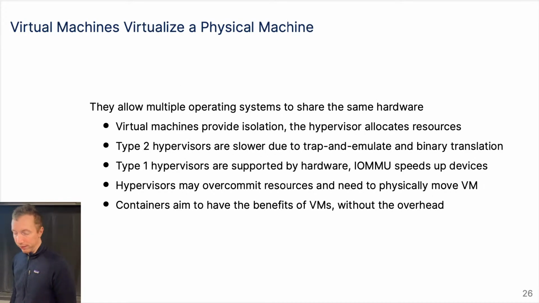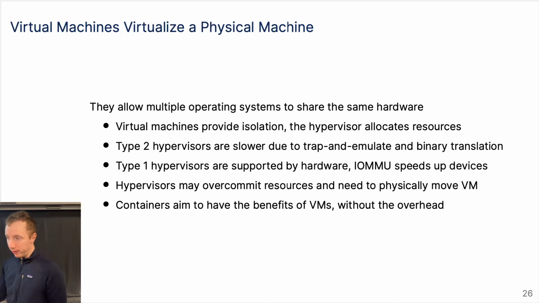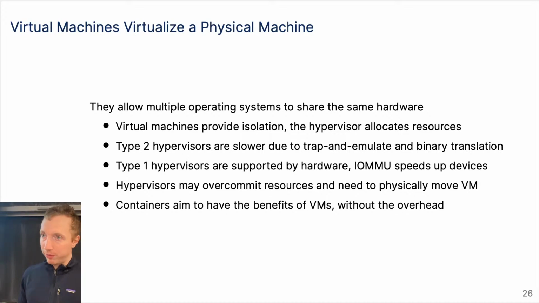So virtual machines virtualize a physical machine, oddly enough. They allow multiple operating systems to share the same hardware. They provide isolation, and they use a hypervisor, which is the thing that manages virtual machines and allocates resources. We saw two different types of hypervisors.